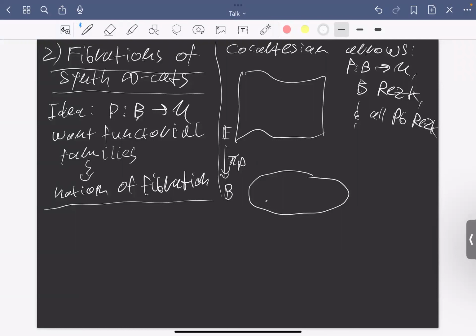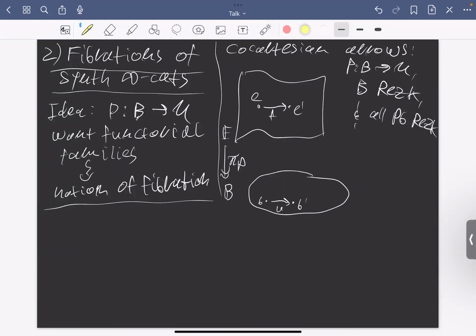And I'm going to assume I have an arrow u from B to B prime, and an arrow lying over it called f from E to E prime. And f is going to be called co-Cartesian over u if it satisfies the following properties.